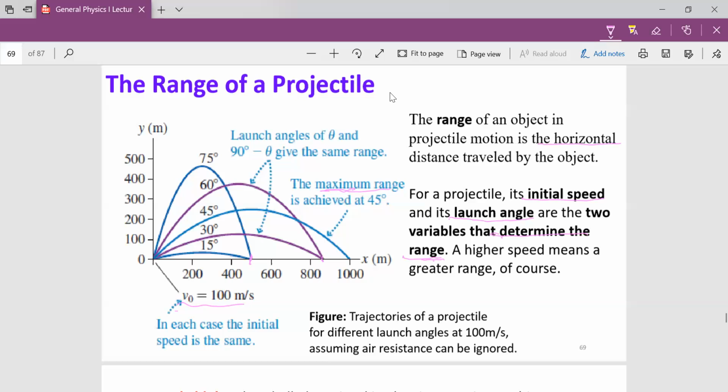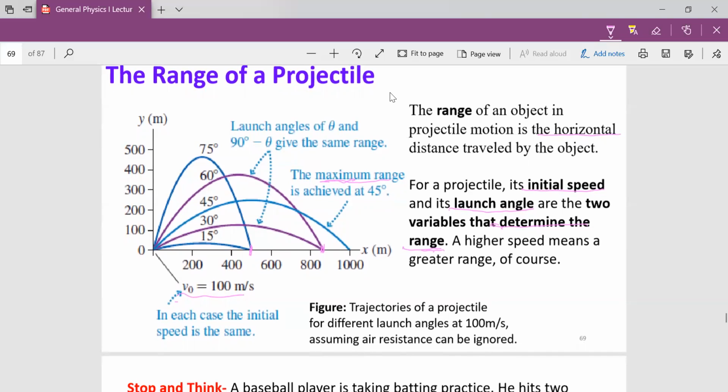So too high or too low an angle will give us a small range. But when the angle is close to 45 or a little above 45, you're going to get about the same distance. But when you are able to project at an angle very close to 45, you project the farthest. You'll be able to cover the farthest distance.